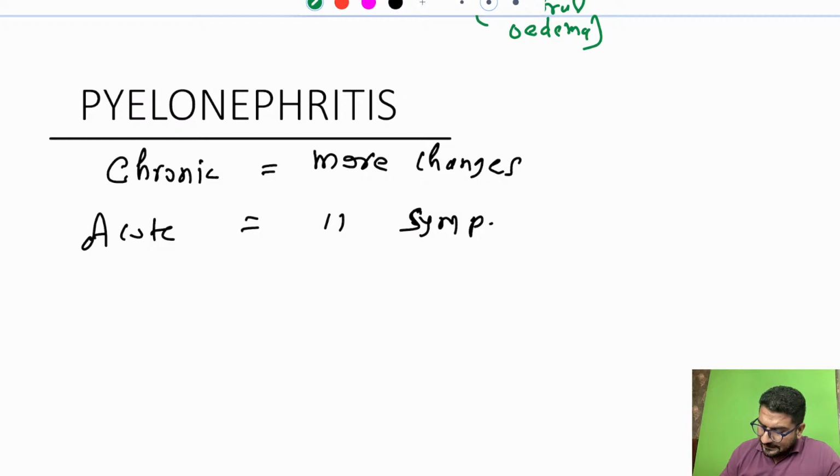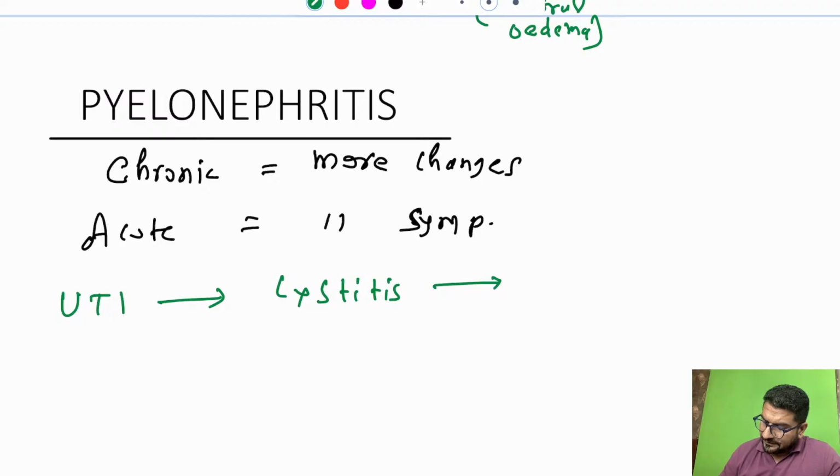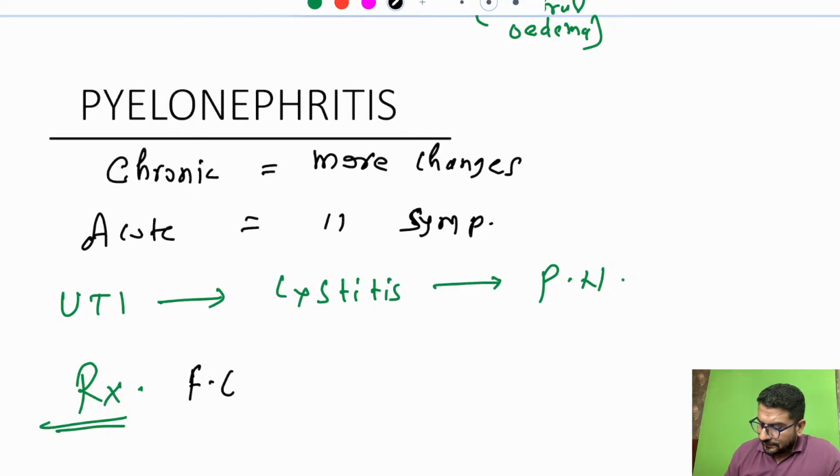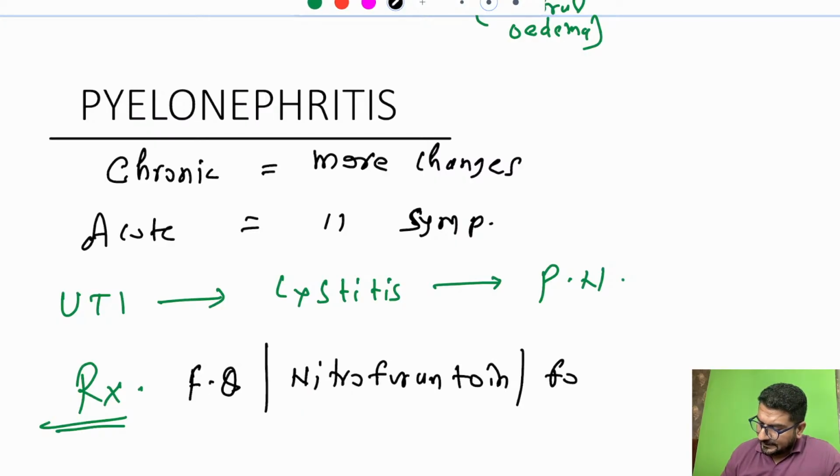So it is basically an ascending infection. The patient will have UTI. Untreated UTI can cause cystitis, and untreated cystitis can cause pyelonephritis. And remember, in all these three conditions, we can use antibiotics like fluoroquinolone or nitrofurantoin, and if there is no improvement with these, then we can use fosfomycin.